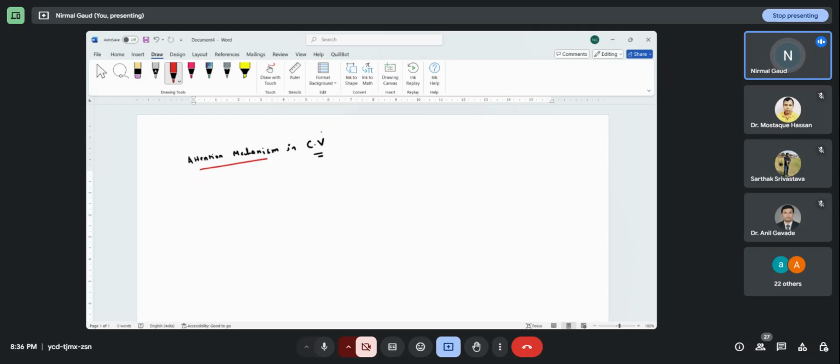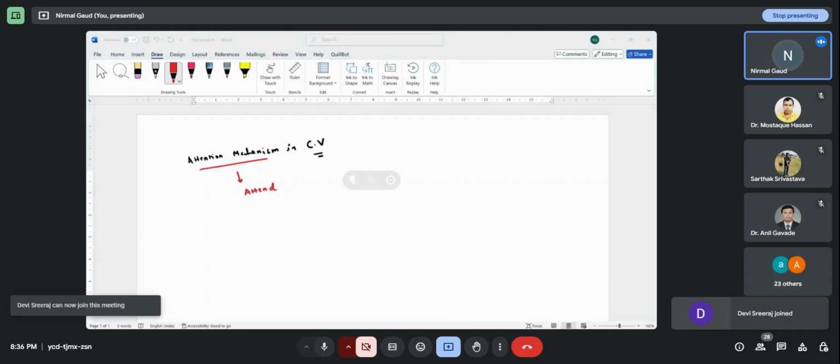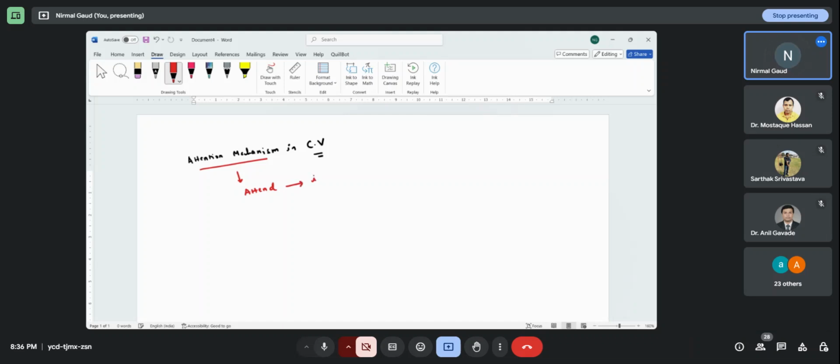As per the definition I told yesterday also, attention is to attend. It means to focus. And on what do we want to focus? We want to focus upon important terms.